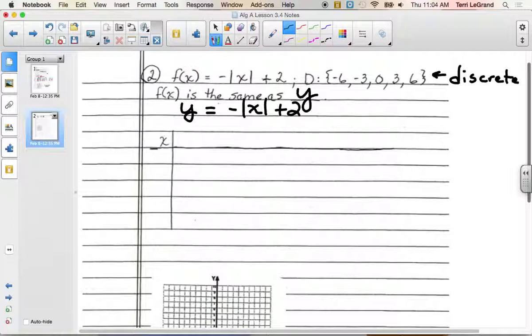When y is by itself, this over here is what we call the function rule. It's what we do to x that will help us get the y. So we're going to write that function rule down in our table. Then we transfer all of our domain values to our table. We have a -6, a -3, a 0, a 3, and a 6.